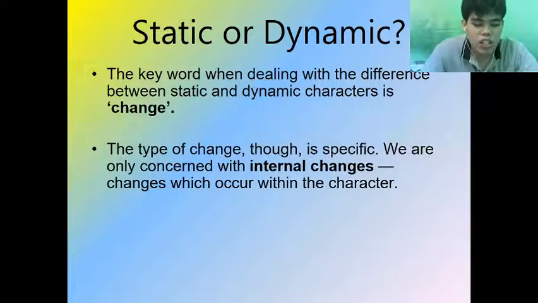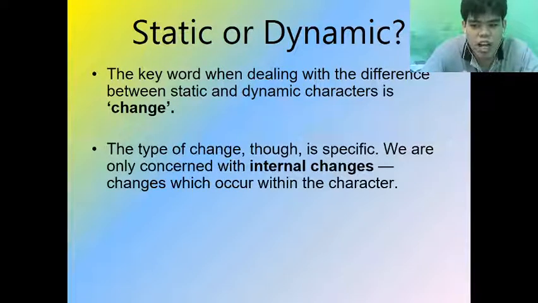We can differentiate a static character from a dynamic character if there is a reflection, if the character has changed in some form of way inside of himself, meaning his attitude, his way of life, not physically.